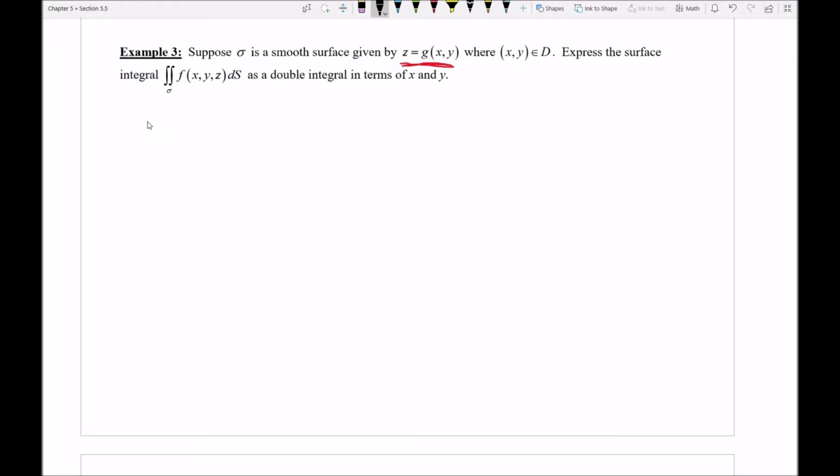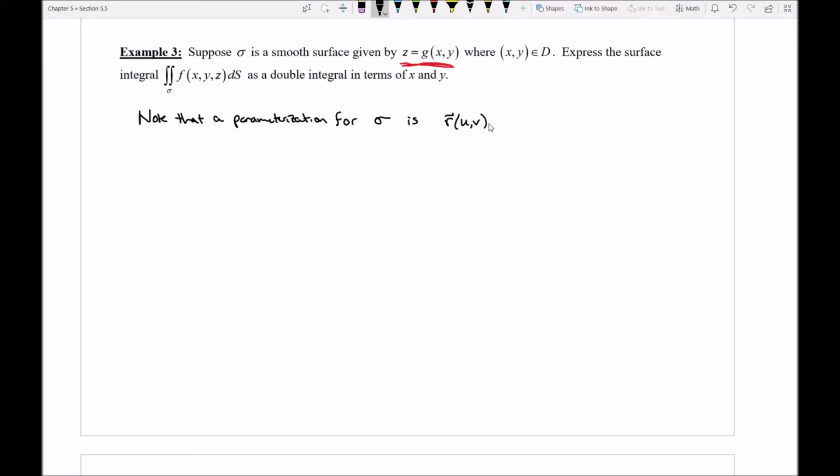So I'll go ahead and just note the following. If I was to parameterize, a parameterization for sigma is actually going to be super easy to find here.